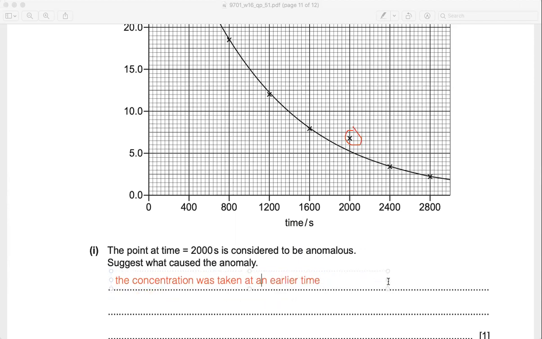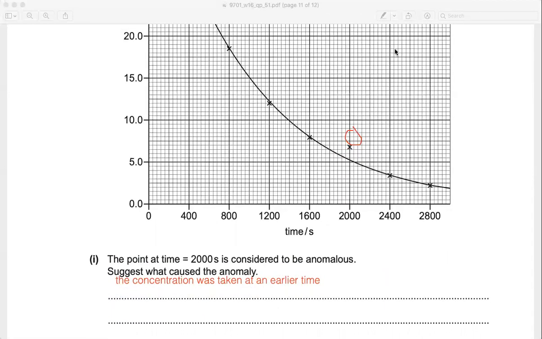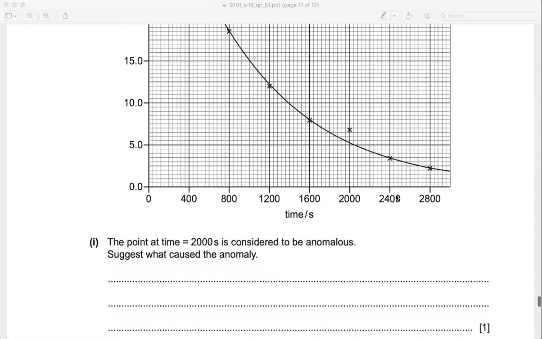Okay, maybe it was at t equals 180, maybe. Okay, because you can see that that point is there, right? So there's nothing wrong with the polarimeter because it is a computer, right? We cannot put the blame on the computer. So the only error that we can think of is our human error. Okay. I hope you got that. Okay, so please, I'm going to clear it.